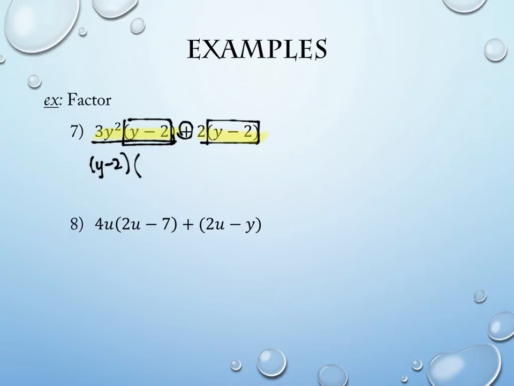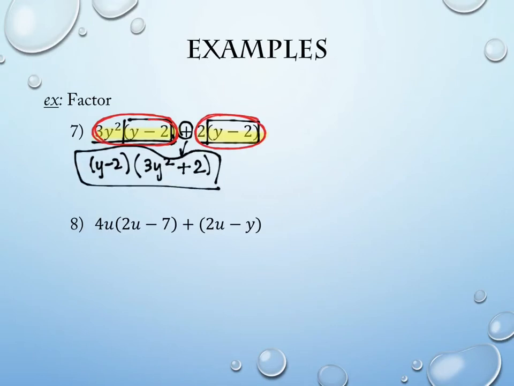If I take the y minus 2 out of this first entire term, what am I going to be left with? 3y squared. Again, the sign has to match, so there's a plus sign here. And if I take that y minus 2 out of the entire second term, what's left? A 2. Good job. And this would actually be my answer in factored form.